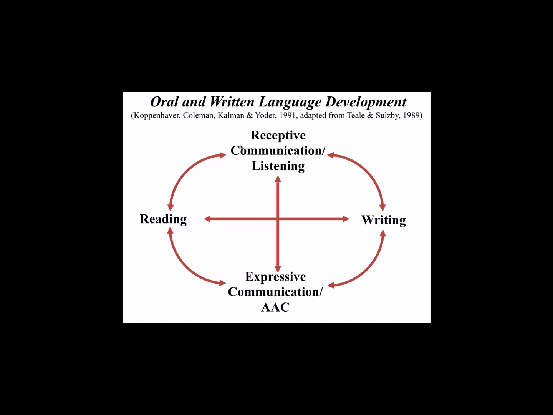This slide, for any of you who have been following the webinars, will be very familiar to you. It is a model of how language develops, a visual that was created by David Koppenhaver and others.